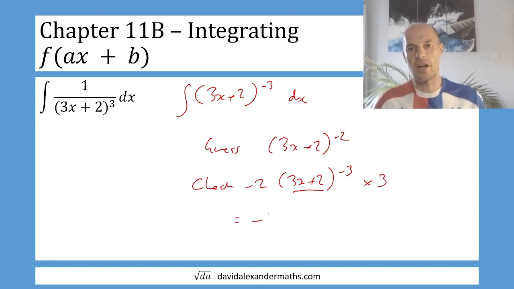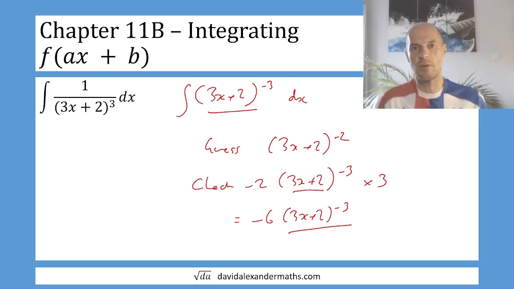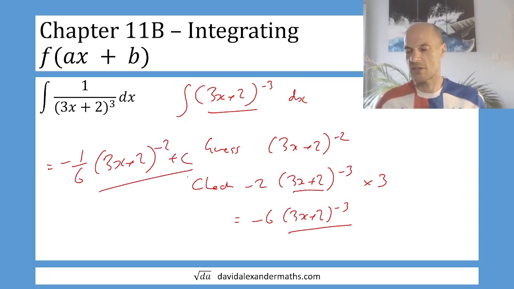So that's going to be minus 6 lots of 3x plus 2 to the minus 3. The 3x plus 2 to the minus 3 is correct, but we only wanted 1, not minus 6. So we need to multiply our guess by minus 1/6. So that's going to be minus 1/6 times 3x plus 2 to the power of negative 2 plus c.